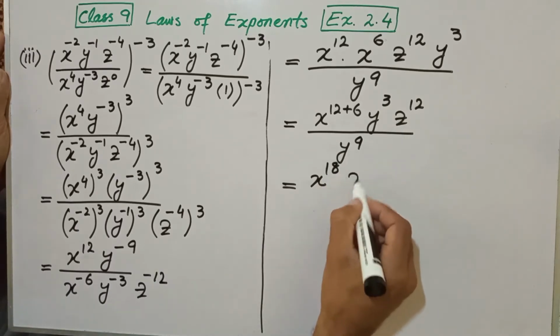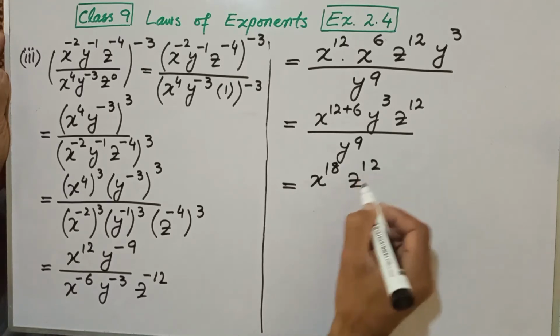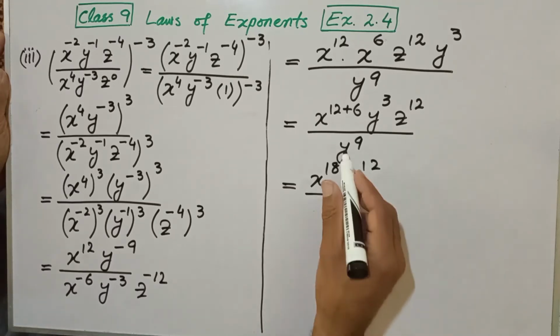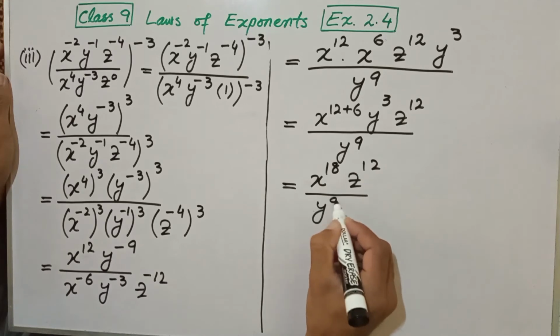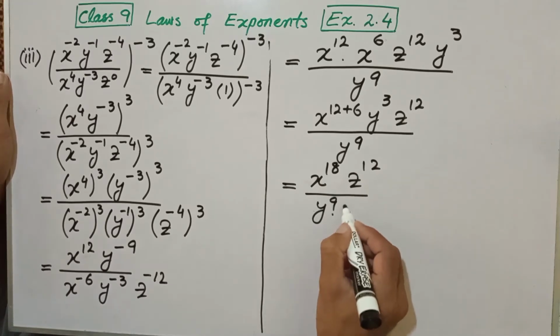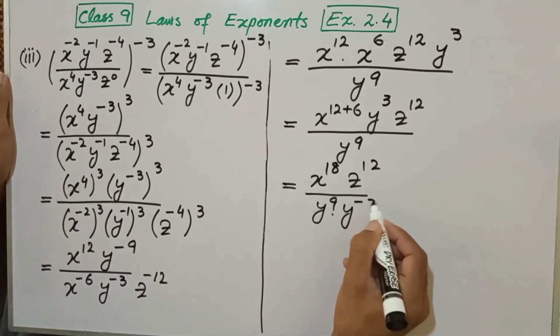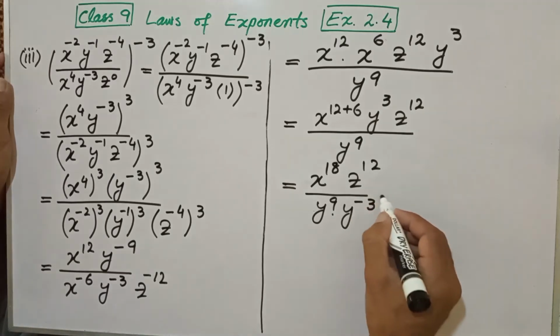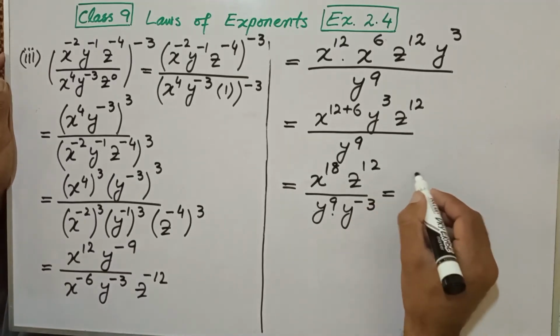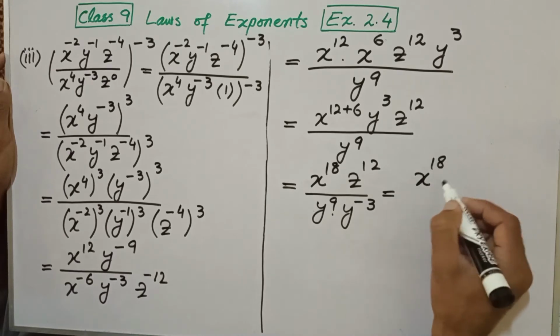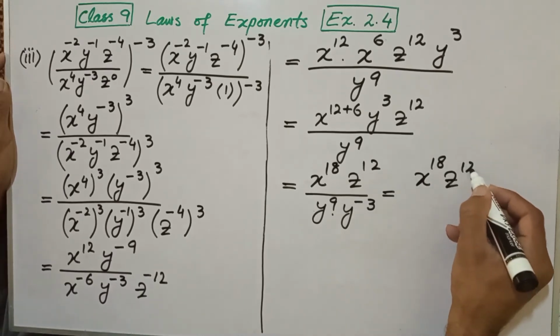This one, z power 12 divided by y power 9 into y power 3, which becomes x power 18, z power 12.